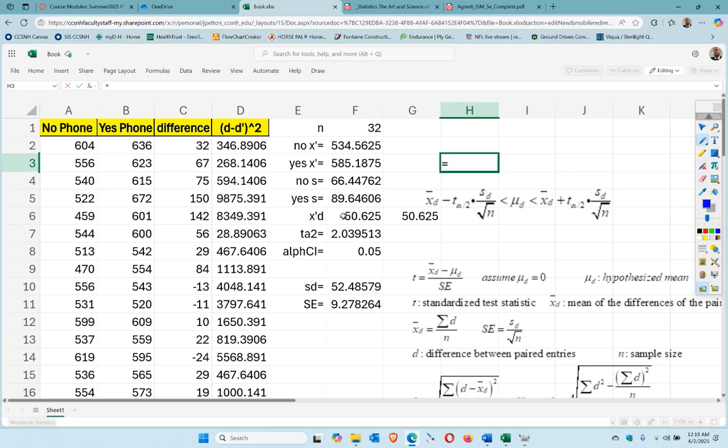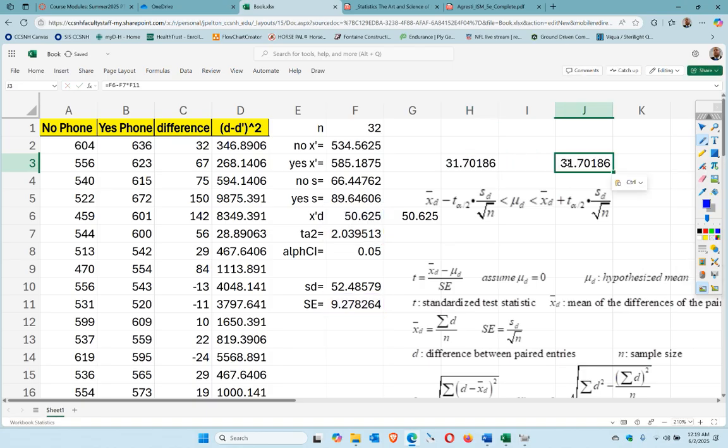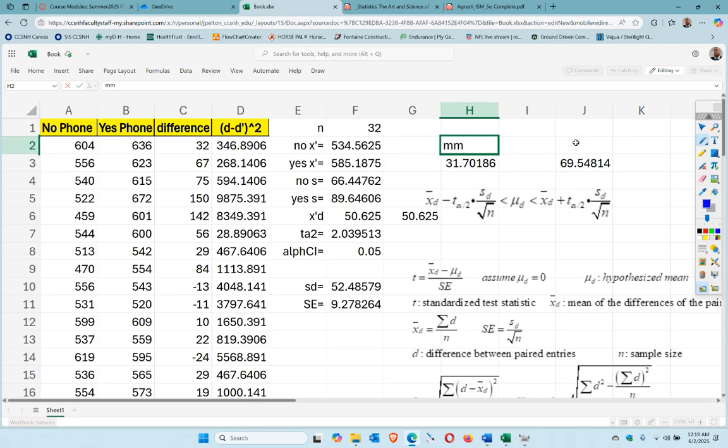So equals the mean difference minus the t-value times the standard error. There we go. So I'm going to click that, copy it, and then paste it over there, and change that to a plus. And I believe these are in millimeters, right? Was it millimeters? I forget. Oh, it was milliseconds. I'm sorry, milliseconds. That's what it was.